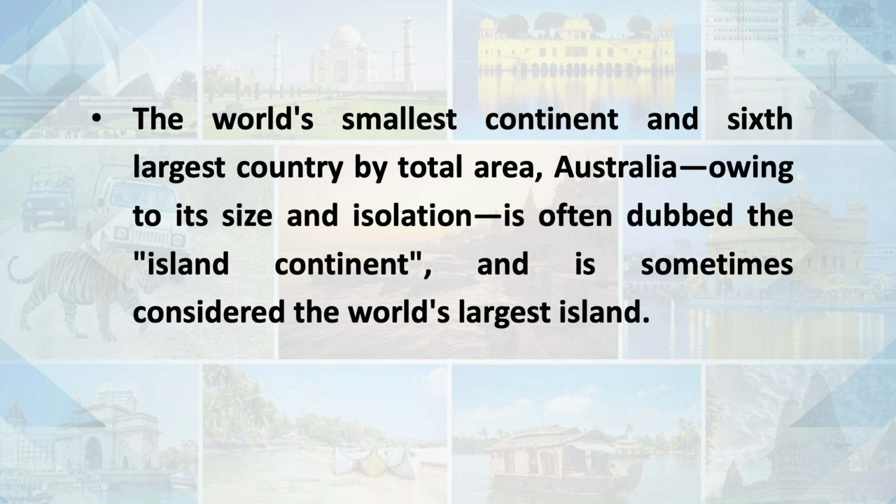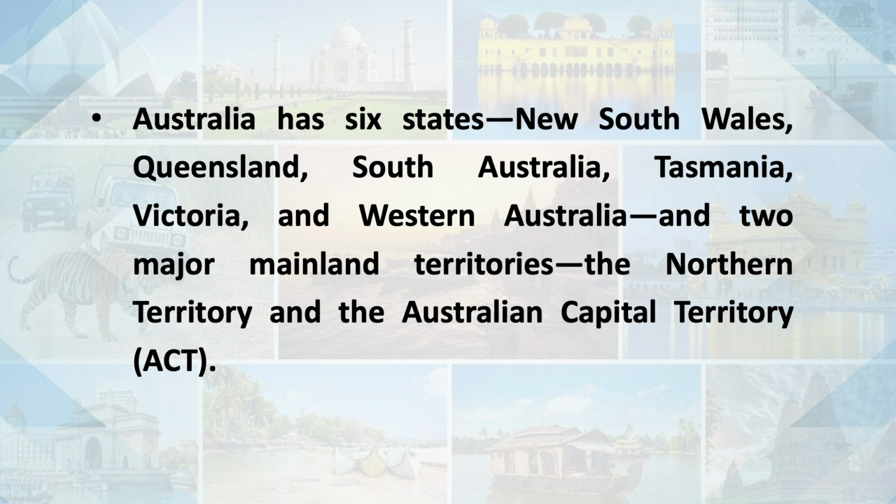Owing to its size and isolation, Australia is often dubbed the island continent and is sometimes considered the world's largest island. Australia has 6 states: New South Wales, Queensland, South Australia, Tasmania, Victoria, and Western Australia. There are also 2 major mainland territories, the Northern Territory and the Australian Capital Territory.